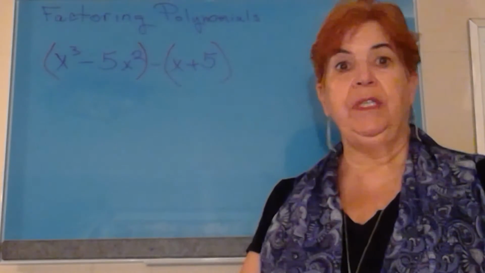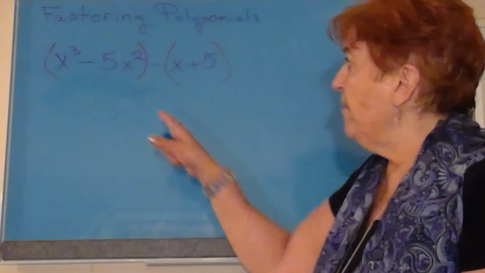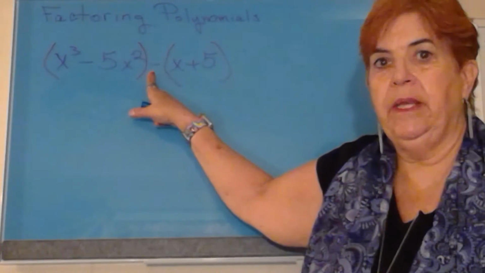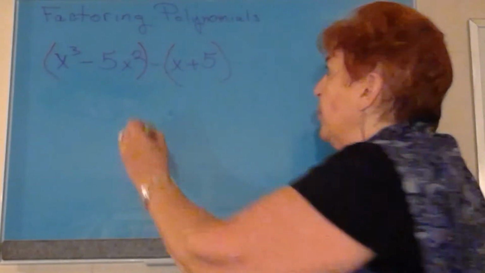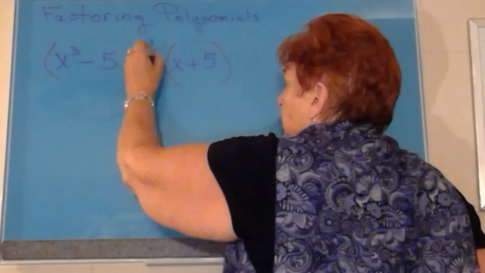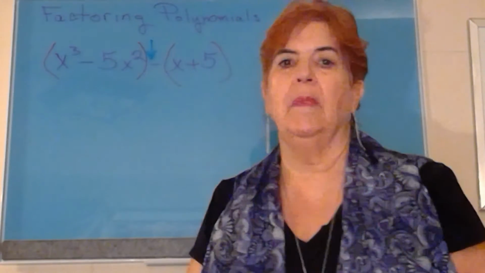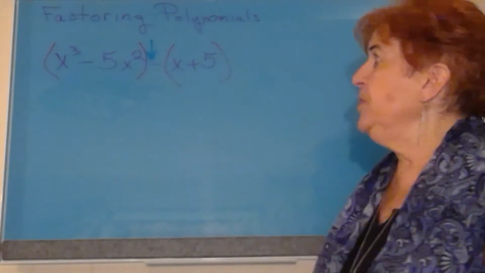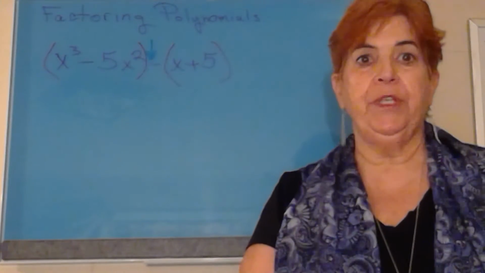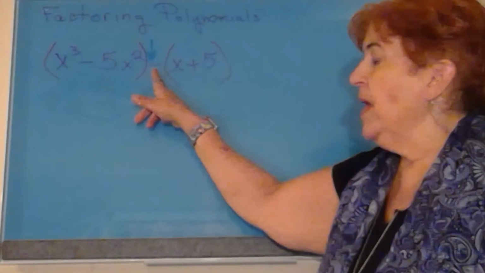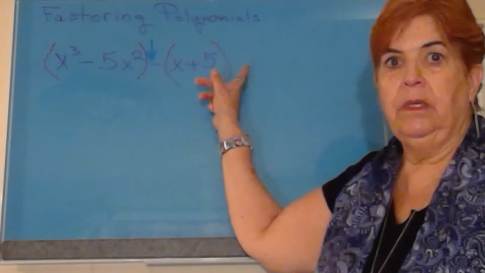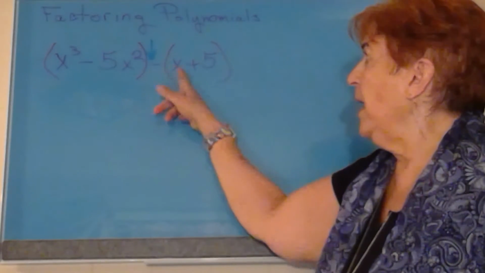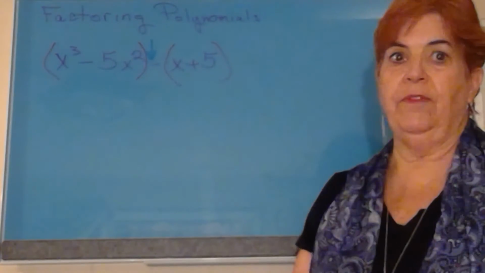Once we put the parentheses in, we have to notice there's a negative or a minus between the parentheses right there. Well, when we put the parentheses in, our math rules tell us that that negative is going to be distributed. And it's going to give me a minus x and a minus 5.